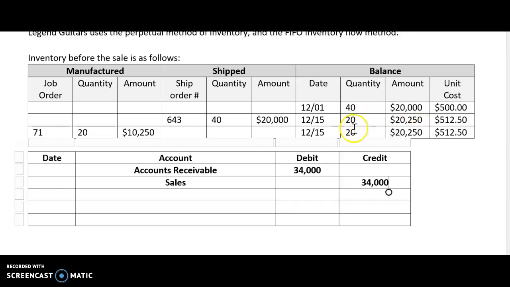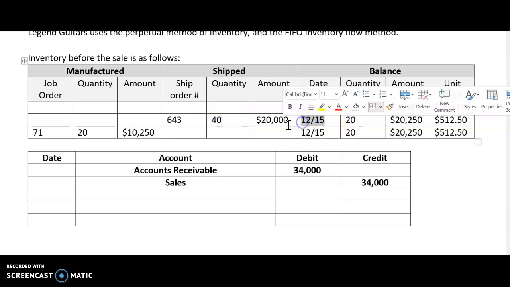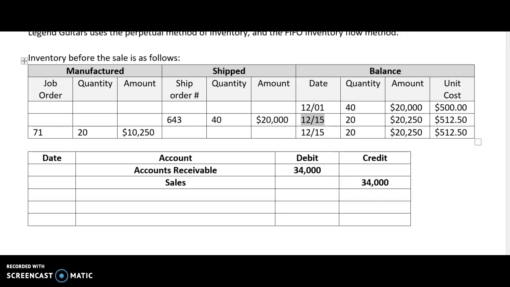We're going to sell 40 of those, and they cost us $500.